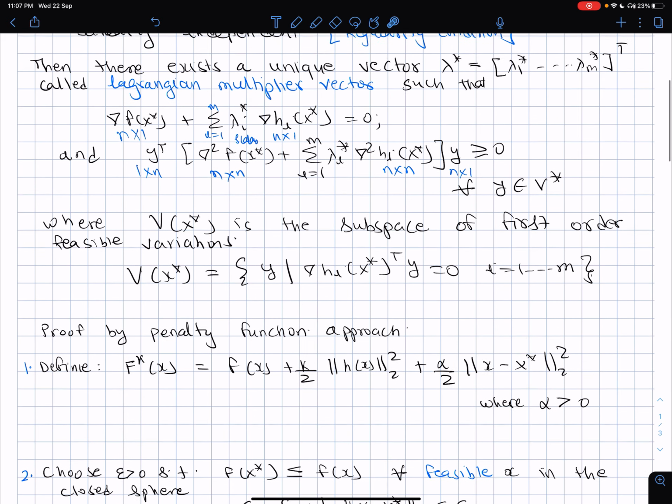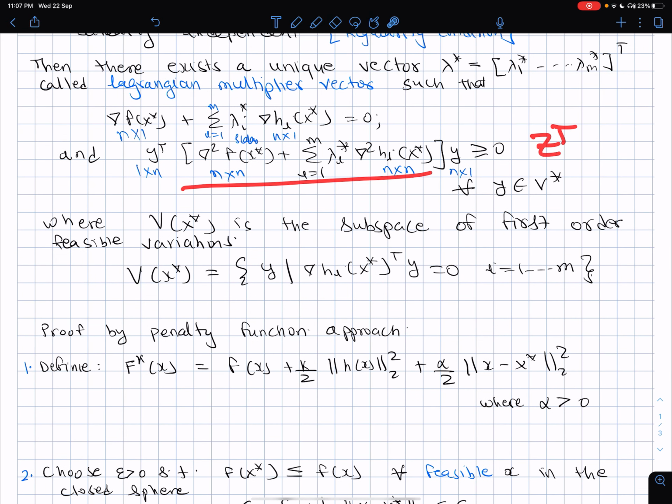This then amounts to saying that a projected Hessian of the form Z transpose times the Hessian of the Lagrangian function times Z should be greater than or equal to 0. That is positive semi-definite.